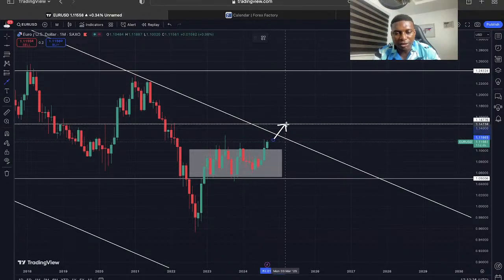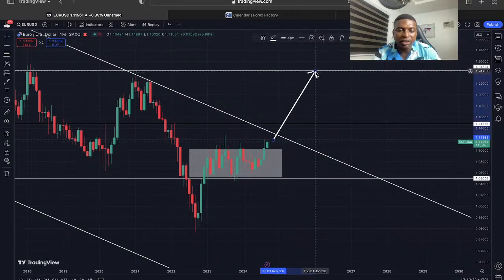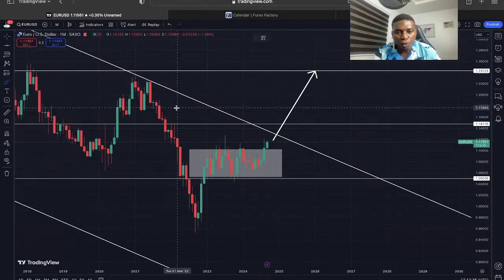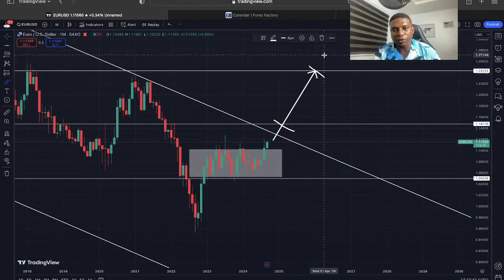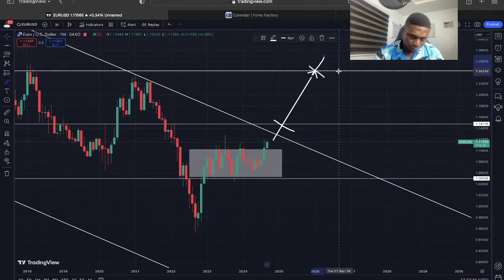Price will definitely reach here. This would be the first touch point for price, and the second touch point for price would be here. Can you see that? So this is on Euro USD.